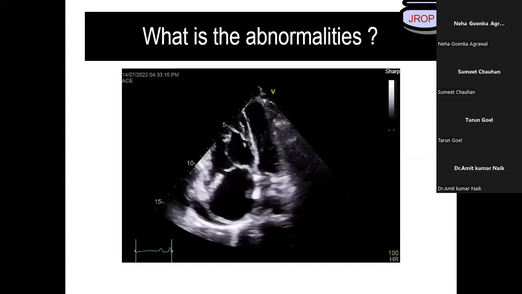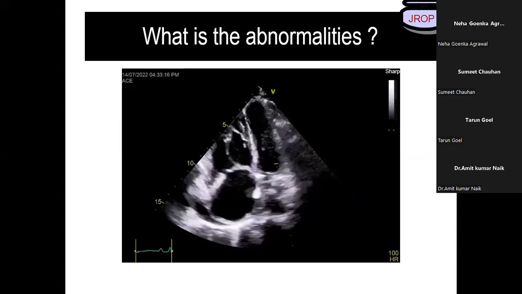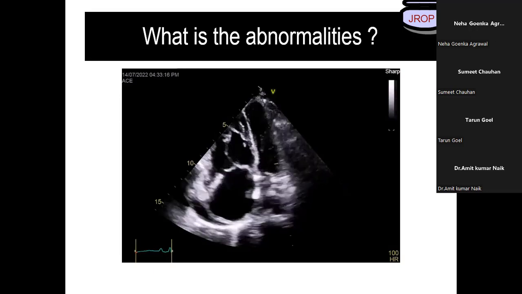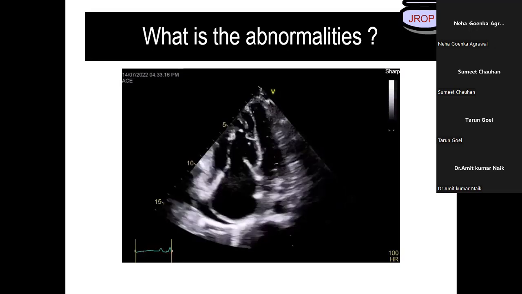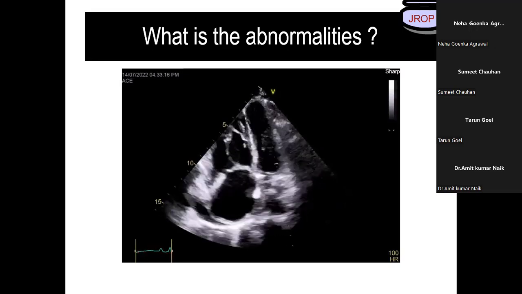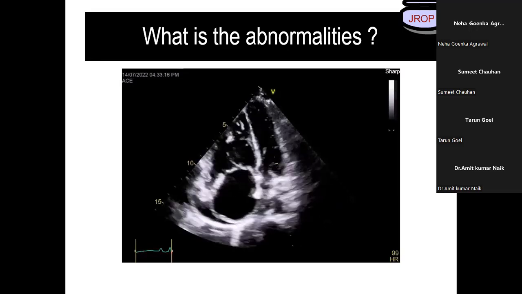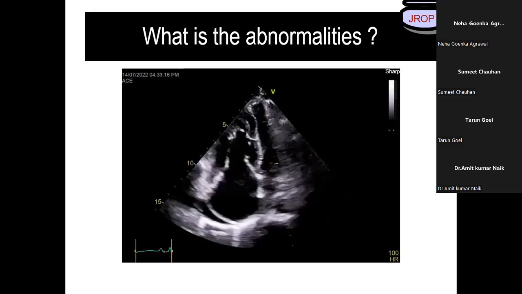Amit, sir, RV dilated, LV side is collapsed. I think, sir, this condition is seen in cor pulmonale. Good. Anything else?